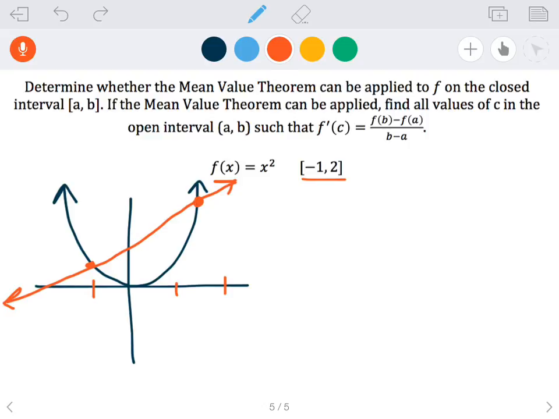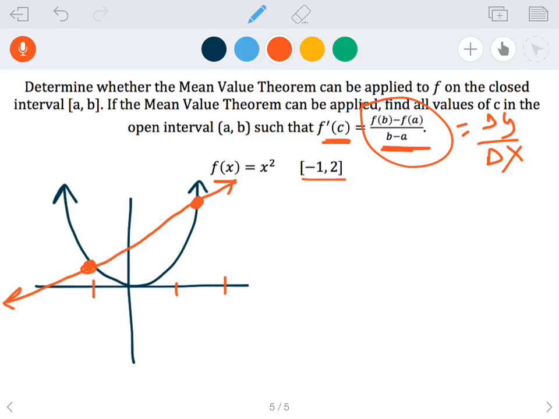What I'm looking for now, it says, if the mean value theorem can be applied, find all the values of c in the open interval such that the derivative is the same as the slope of the secant line. All of this is just asking for the slope of the secant line. I'm doing f of b minus f of a over b minus a. That's rise over run. Do you see it? That's your change in y over your change in x. It's just the slope of that line. And so I'm asking, where is the derivative the same as the slope of the secant line?